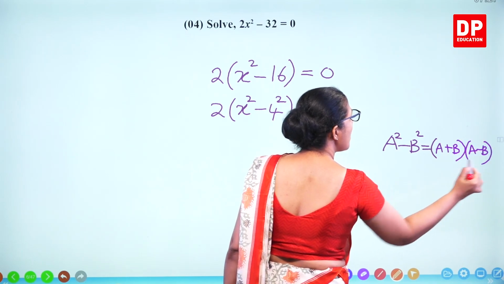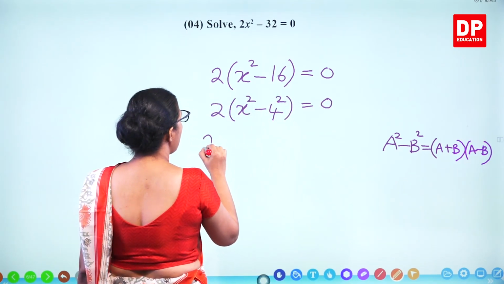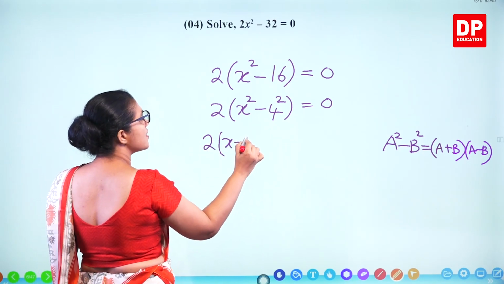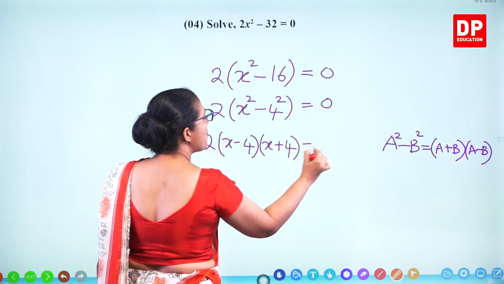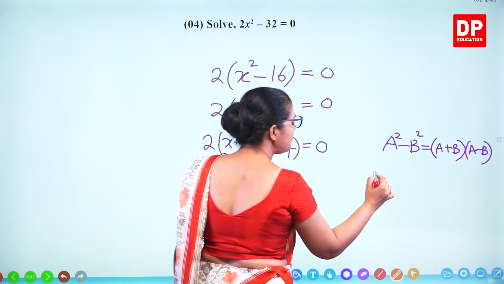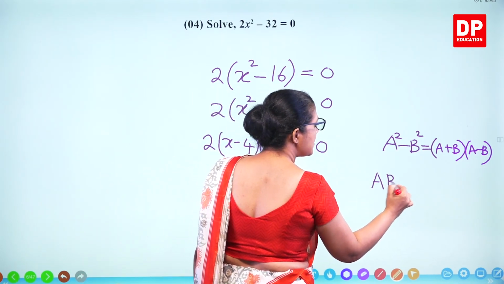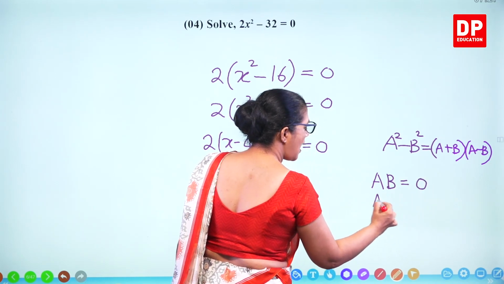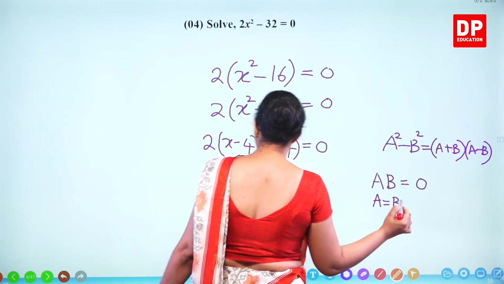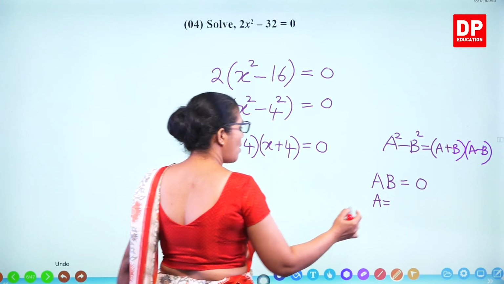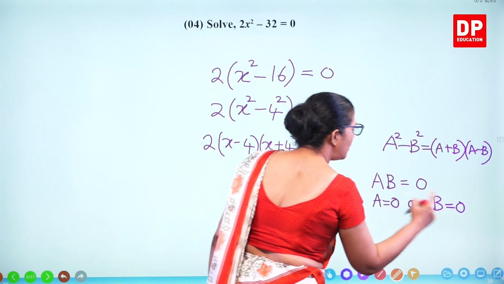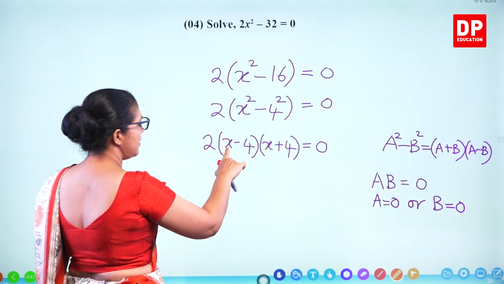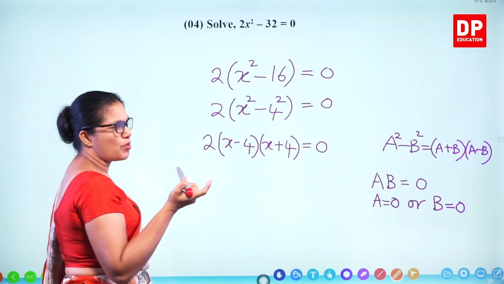You can apply that: x minus 4, x plus 4. If the product a into b is 0, you can say either a is 0 or b equals 0. Using that, these are the 2 products. 2 is a constant.